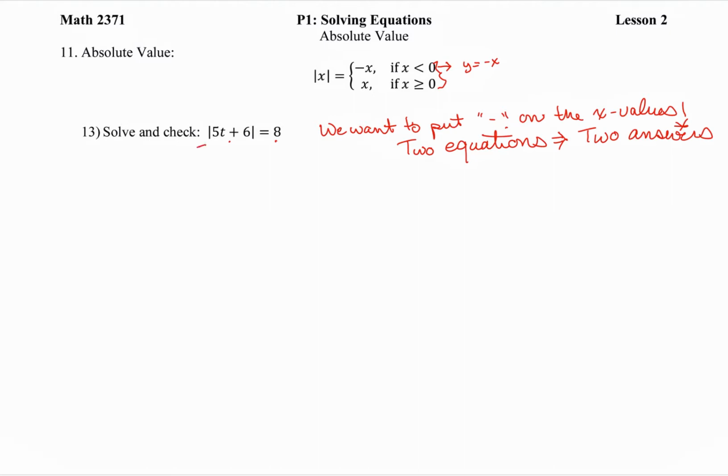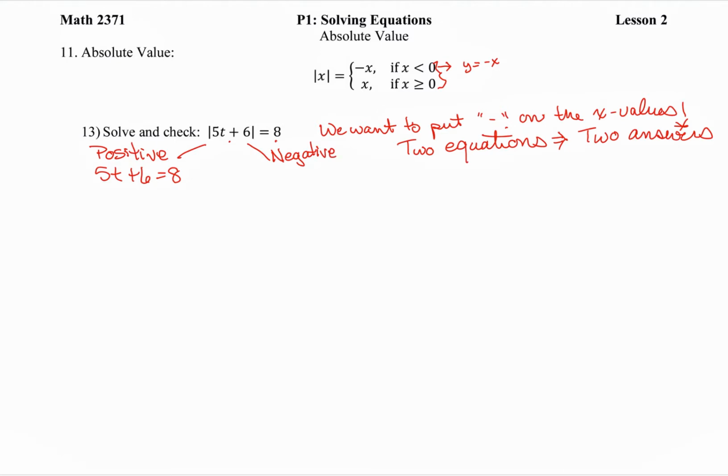So your first equation is going to be the positive: 5t plus 6 equals 8. That's your positive. Then you're going to have a negative equation.